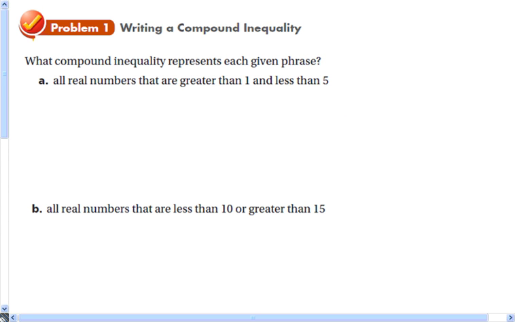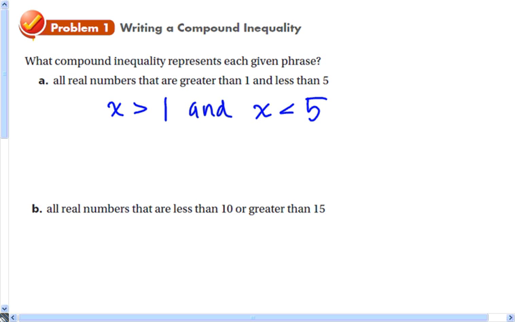So, what compound inequality represents each given phrase? All real numbers that are greater than 1 and less than 5. We can write this as two separate inequalities. To be greater than 1, that would look like that. And less than 5, so x, all the numbers have to be less than 5.